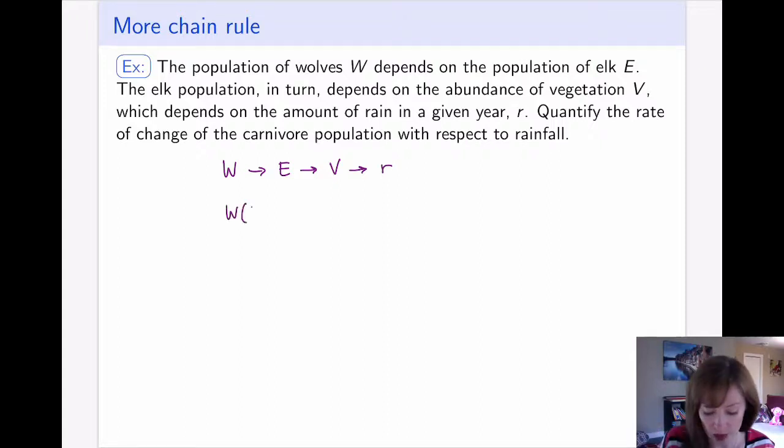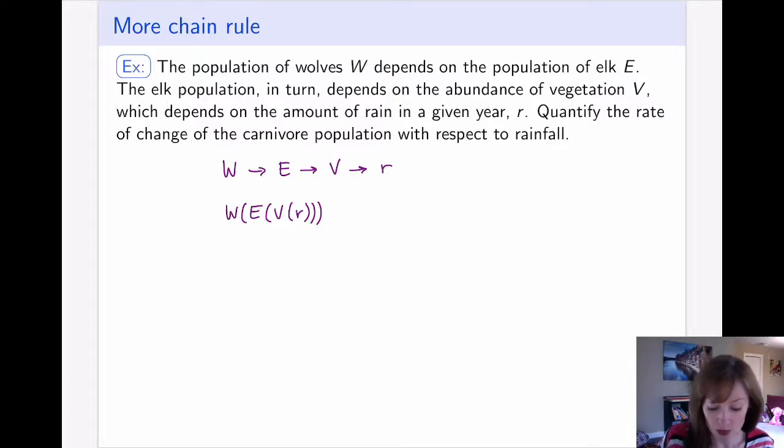So in function notation, I can write this as W of E of V of R. And now I just have to make sure I have enough brackets closing. I think that's about right. Okay, so this is the full chain of dependencies in this situation. The chain rule is called that because you take derivatives in this specific chain, right?